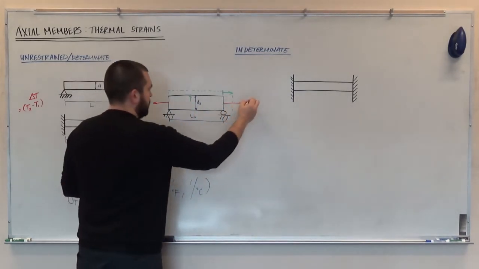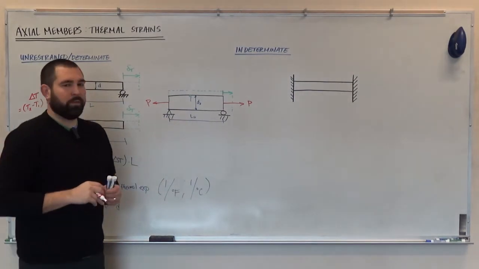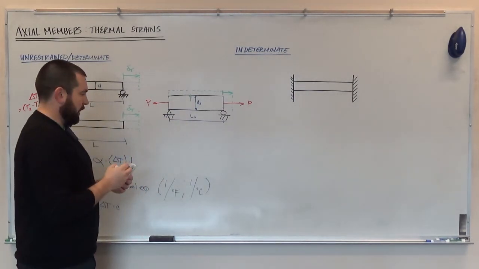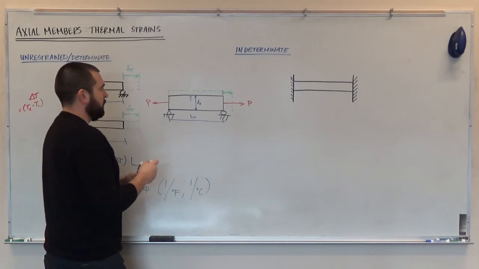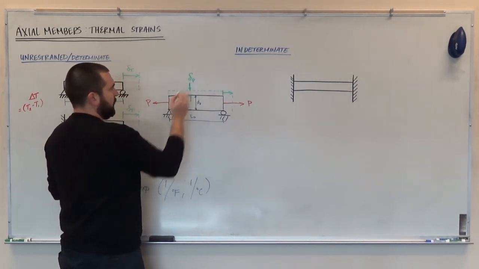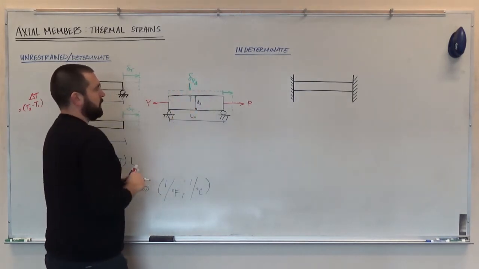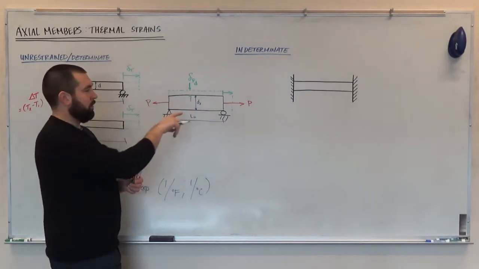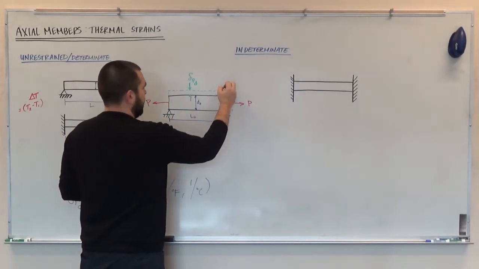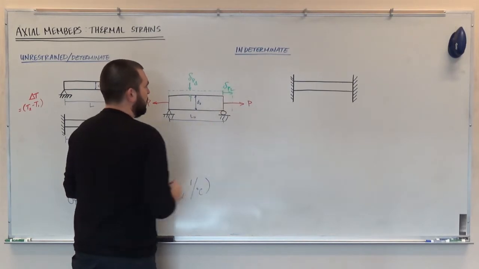So here, just some external load P. This column is subject to pure tension, and our question remains the same. It's asking us what is the change in length due to that applied load, so delta P sub L, what's the change in the width due to this applied load, delta P sub d, and here, what is the change due to the applied load of the length.